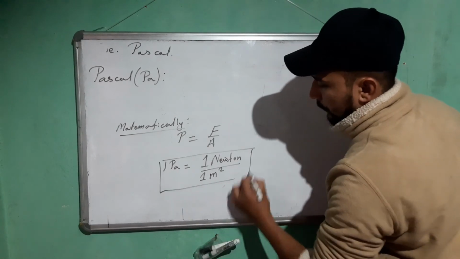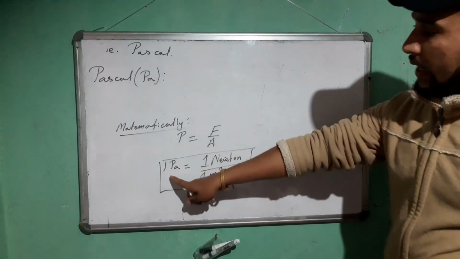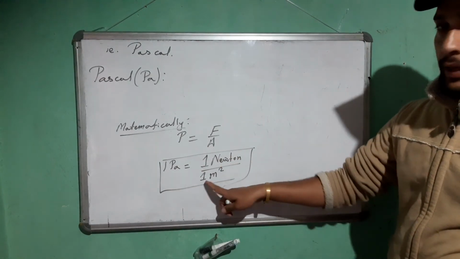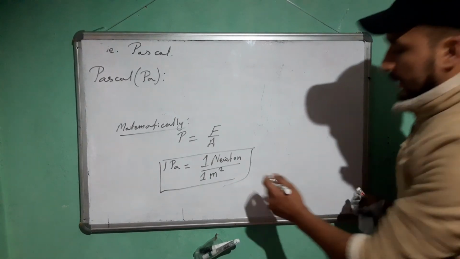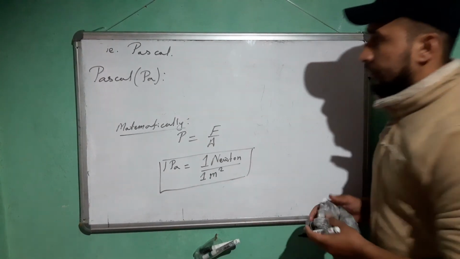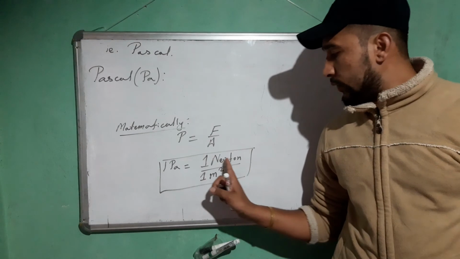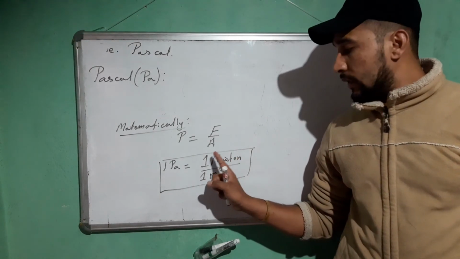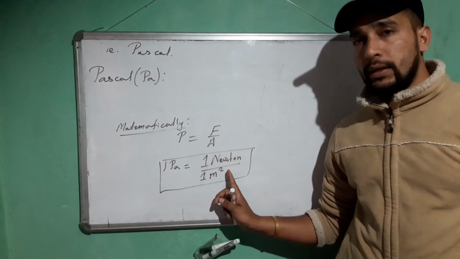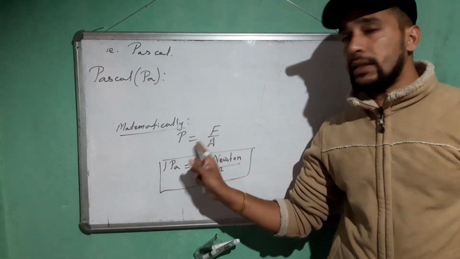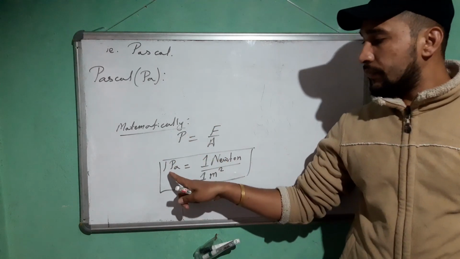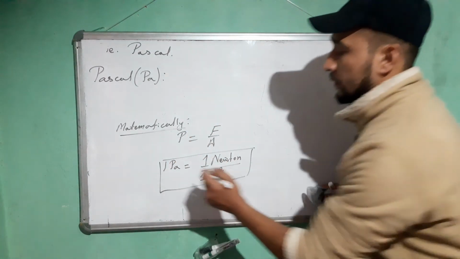So this is the definition of Pascal. 1 Pascal is equal to 1 Newton divided by 1 meter square. So in sentence form, you should say, if 1 Newton force is applied on an area of 1 meter square, then the pressure exerted on that area is called 1 Pascal.